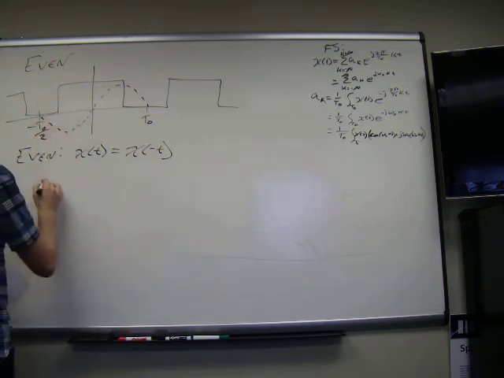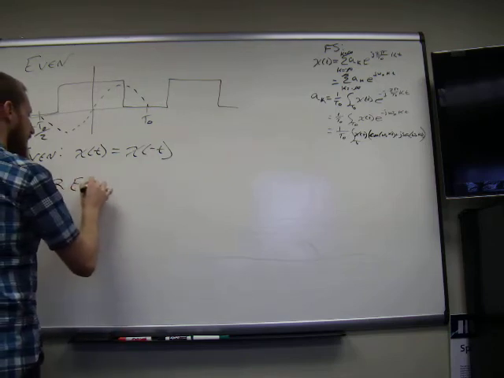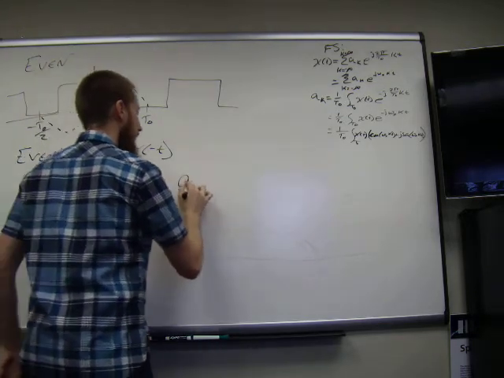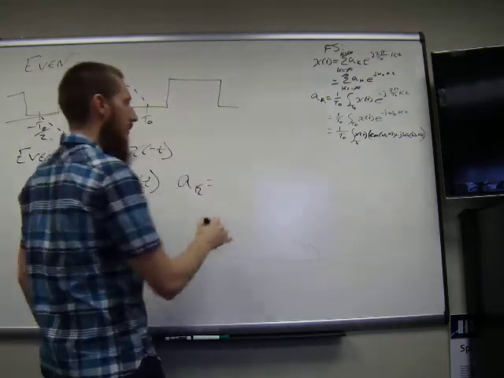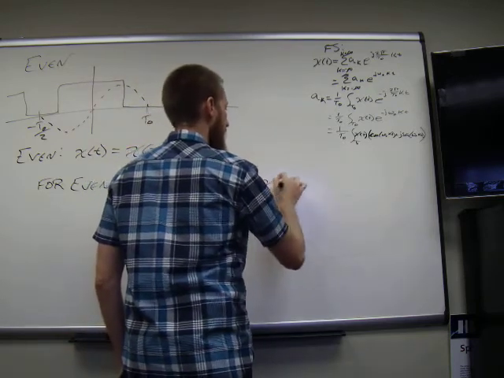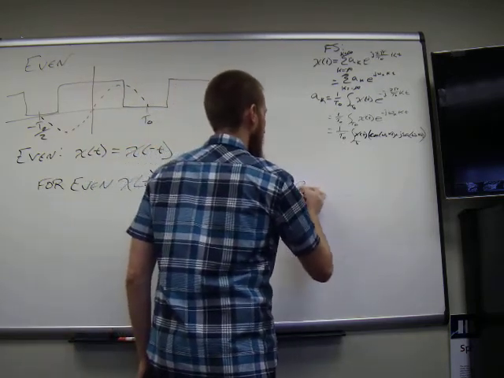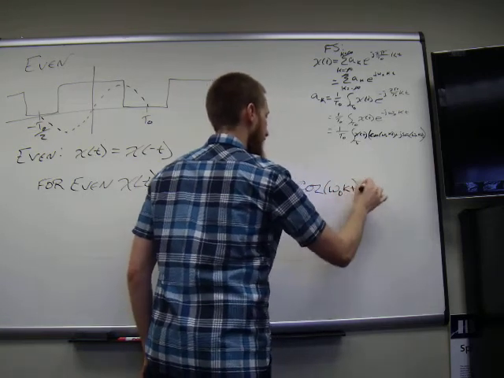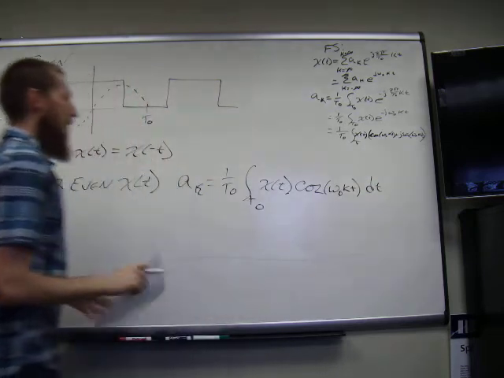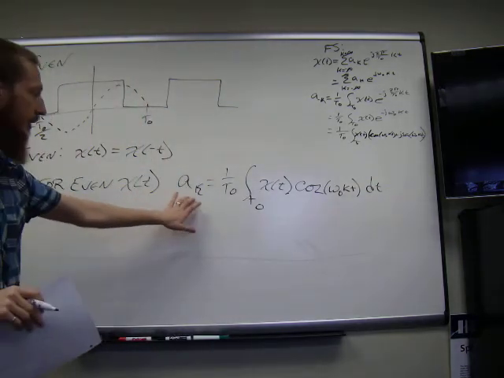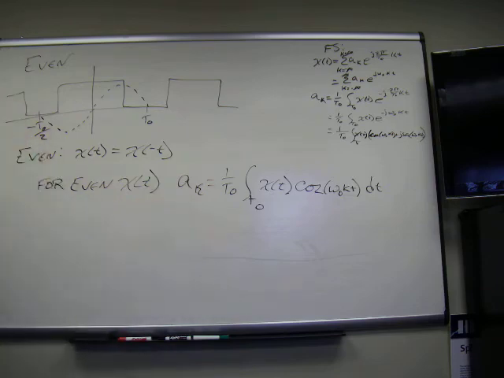Therefore, for even x of t, we know that a of k is equal to 1 over t naught, the integral over t naught, x of t times cosine of omega naught kt dt. So these become a lot more simple to find the a's of k's when they're even or odd.